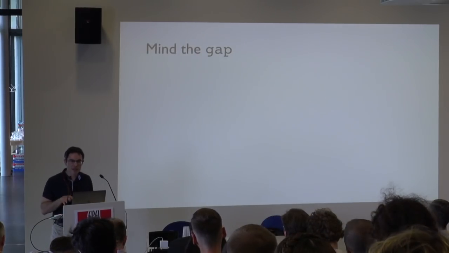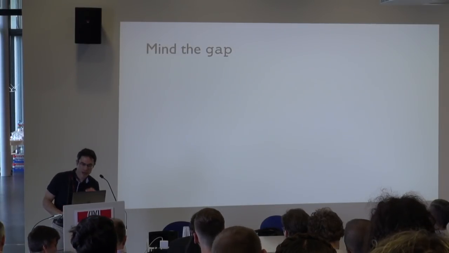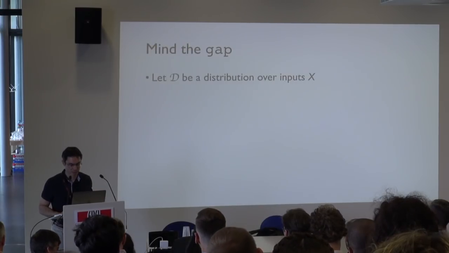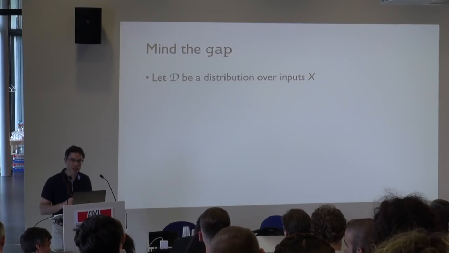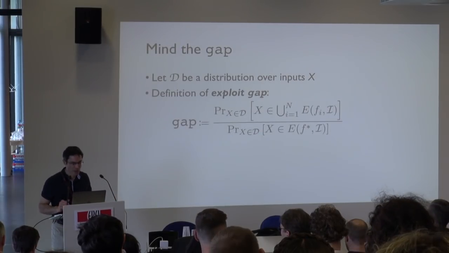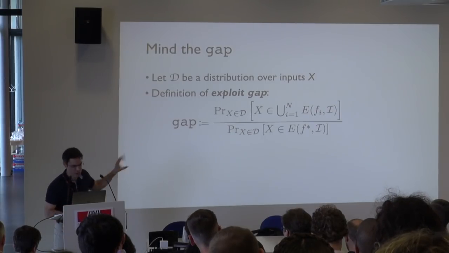A concept that's going to be central here then, given this notation, is one that I'll refer to as an exploit gap, or simply a gap. Let D be a probability distribution over program inputs. The gap then for a particular transformation is defined as follows.